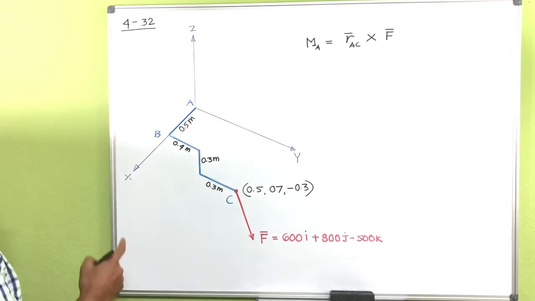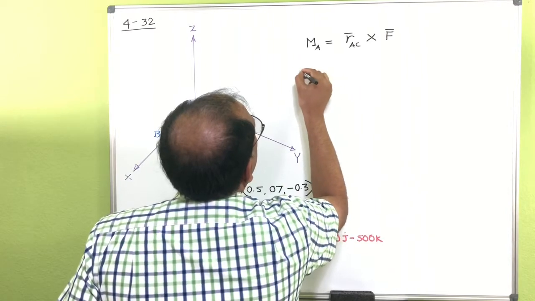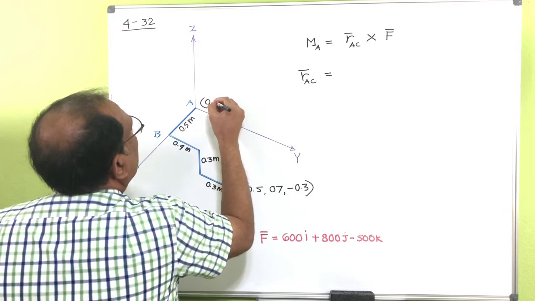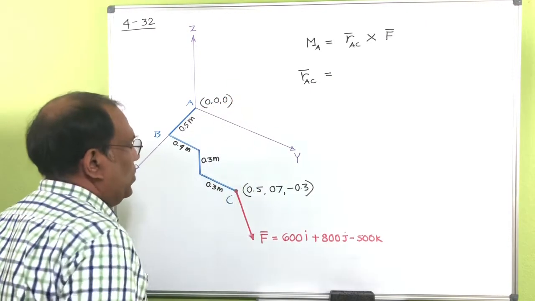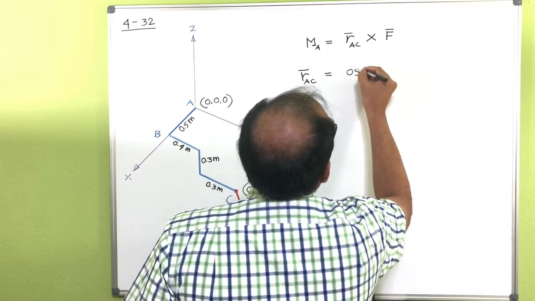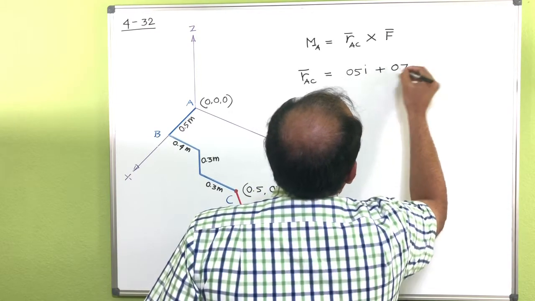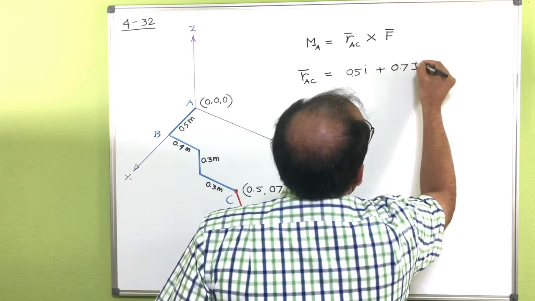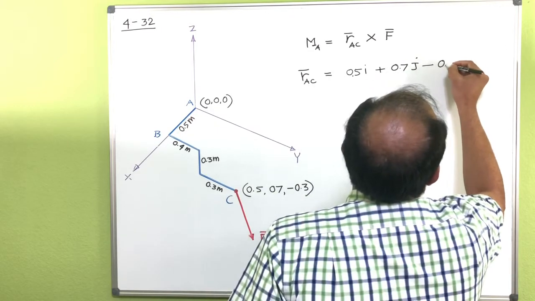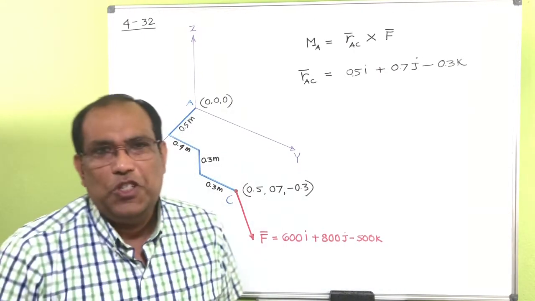So the position vector from A to C, where A is 0, 0, 0, is 0.5i plus 0.7j minus 0.3k. Okay, that's the position vector.